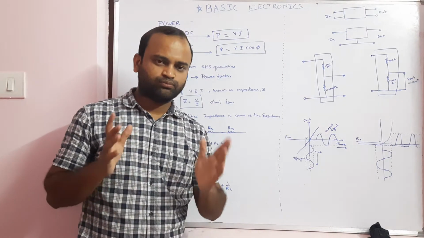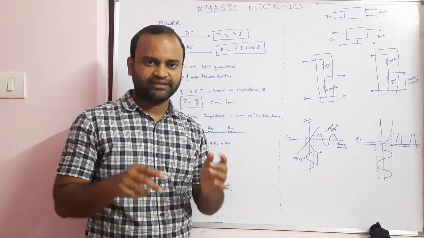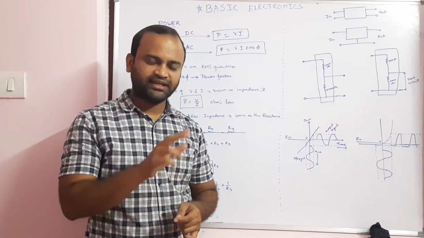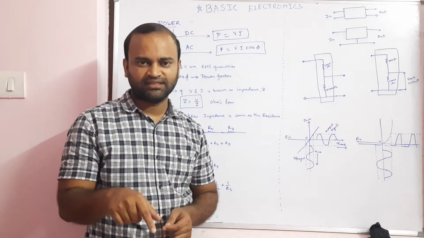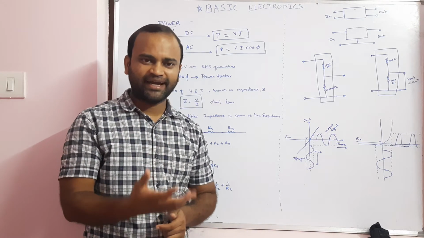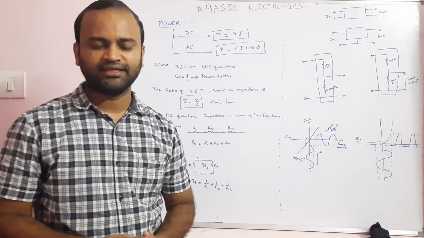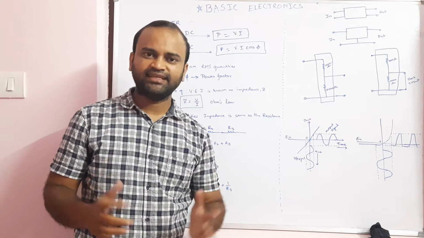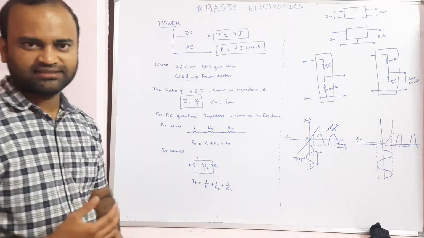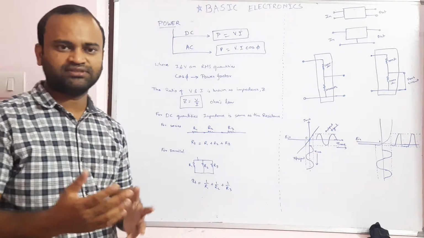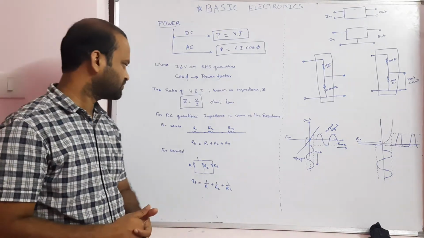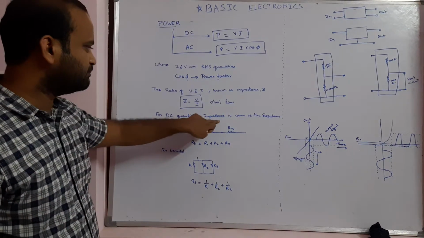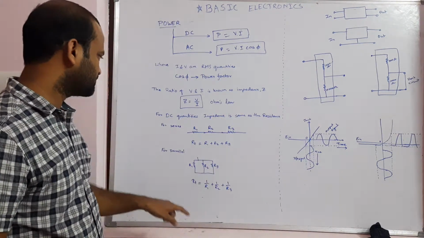If there is a potential difference between 2 points, that is voltage, and the ratio between the voltage and the current flowing between those 2 points is obtained, then that quantity is known as impedance. For DC it is known as resistance, and for AC, which deals with various frequency responses, it is known as impedance. So for DC quantities, impedance is the same as resistance.